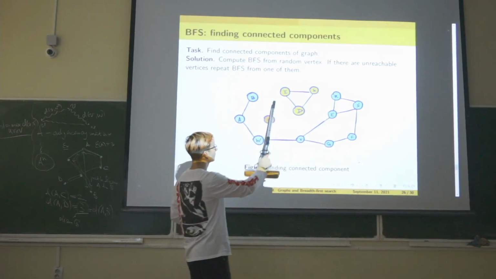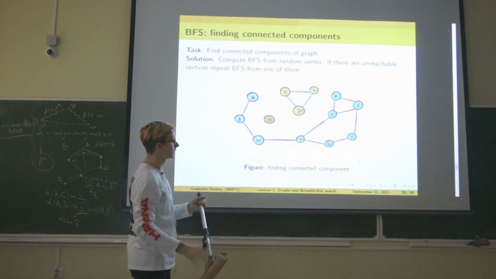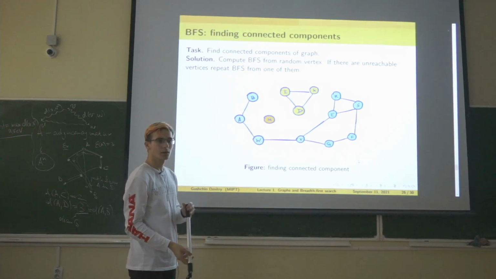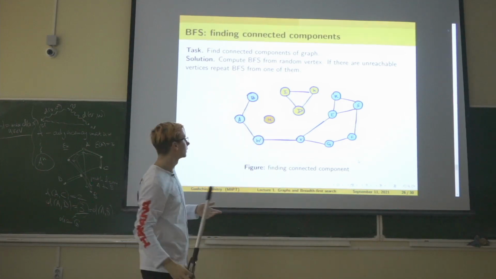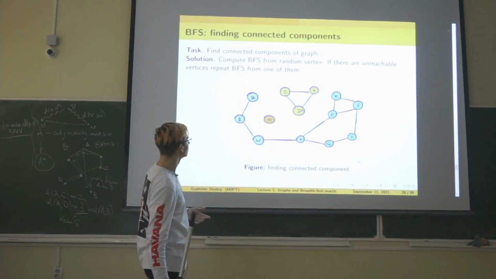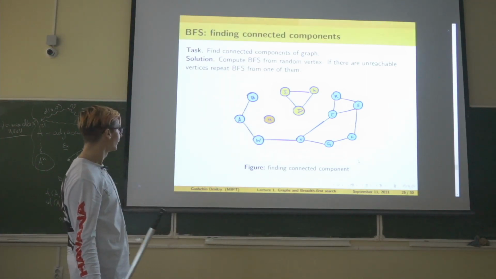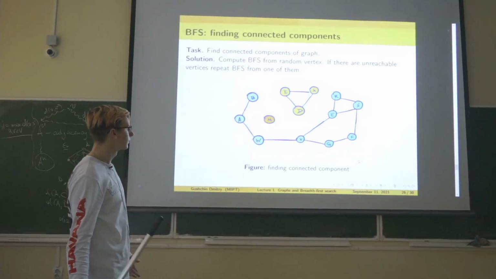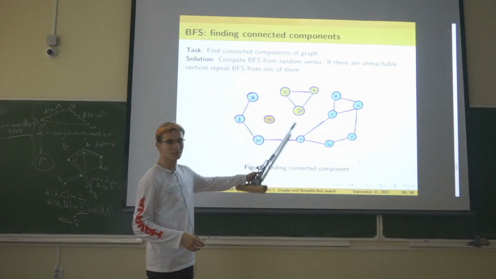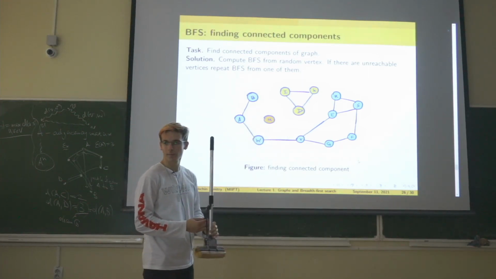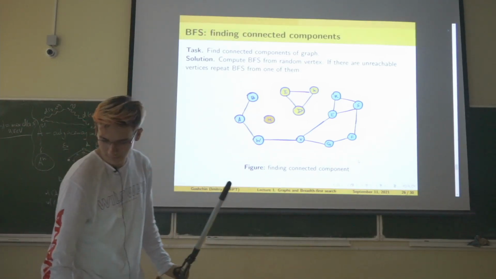Then if at the end we have vertices that we didn't visit, we start from one of them and repeat while we have vertices that have no component that we visited. Okay? It's simple. Nice. Excellent.